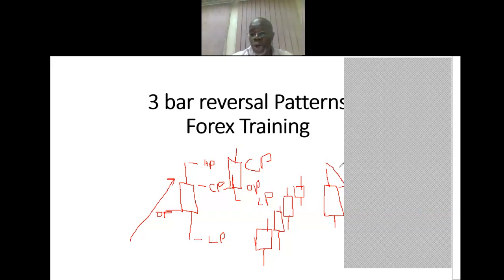This becomes your highest price reached. And this becomes your lowest price reached. Meaning that the next candle to be formed will be formed right after this, on the right hand side. So the same thing will repeat, and so on and so on.